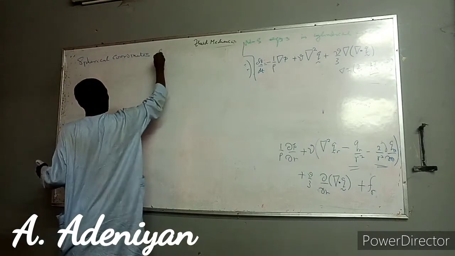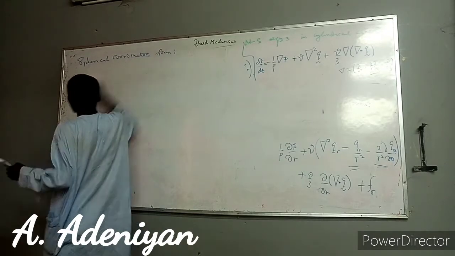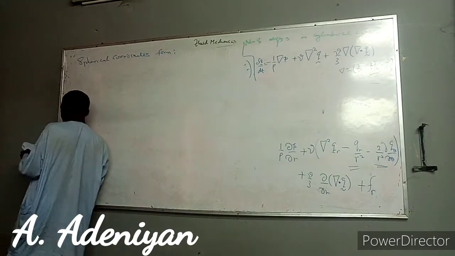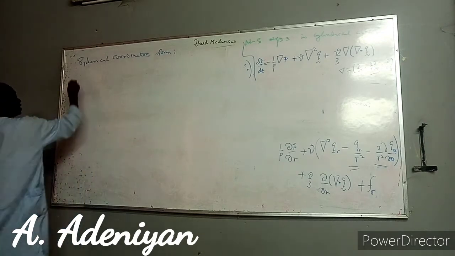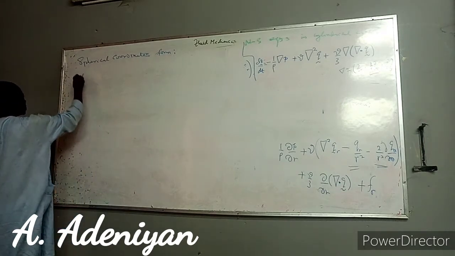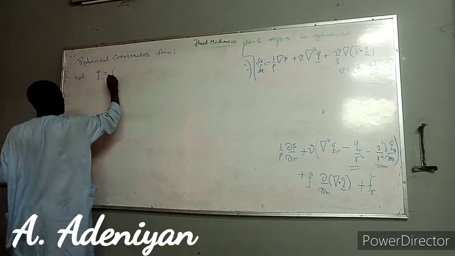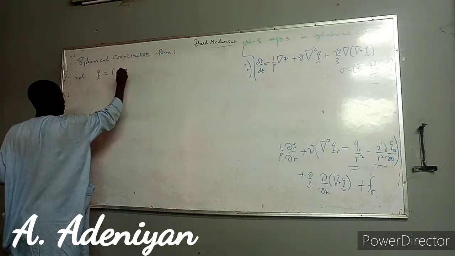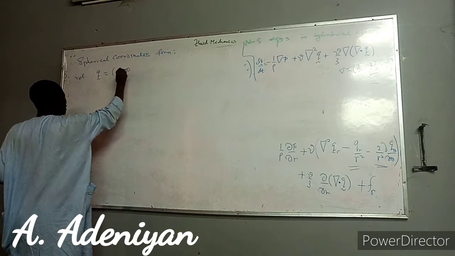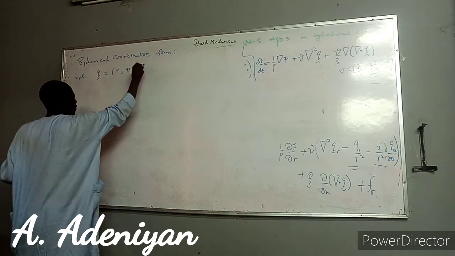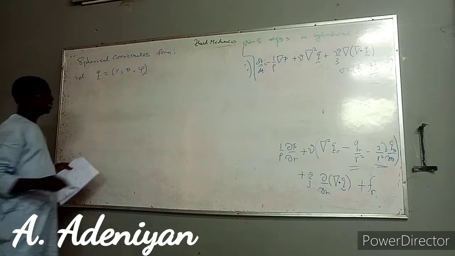The spherical coordinate form of Navier Stokes equations. Don't forget that the velocity Q in spherical coordinate system is Q_r, Q_theta, Q_phi. Of course, it's easy.